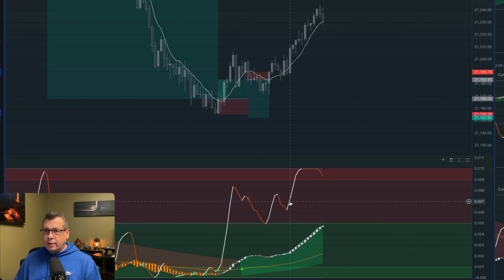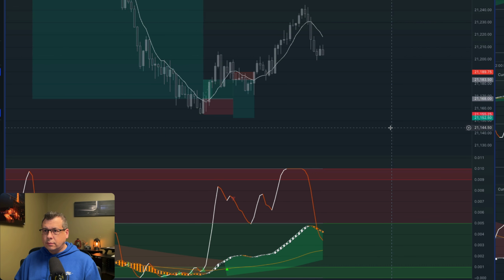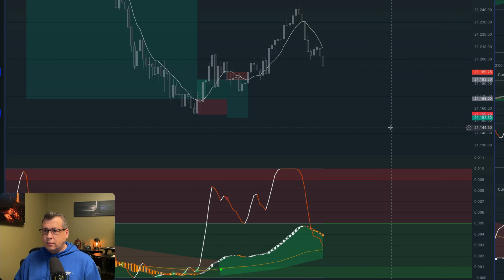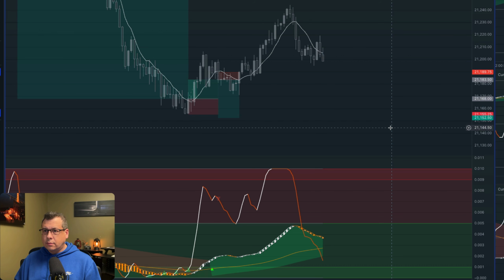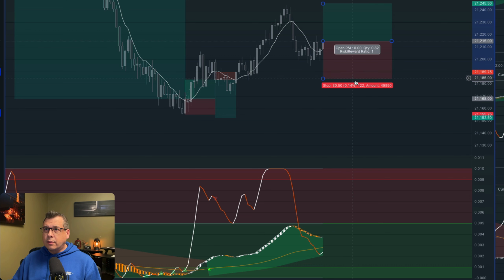However, I did not take that because it's in the red zone, and I'm looking for a long entry in the green zone down here. And there we go. We got our tick up from the green zone, so I'm going to go long here.